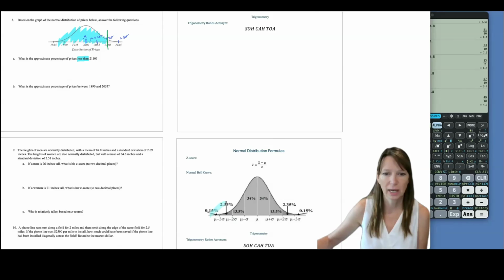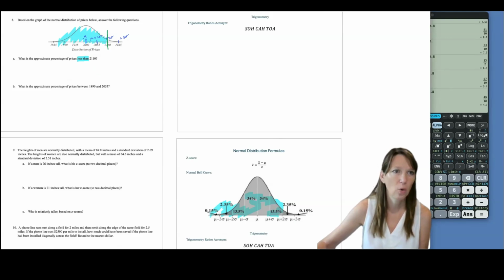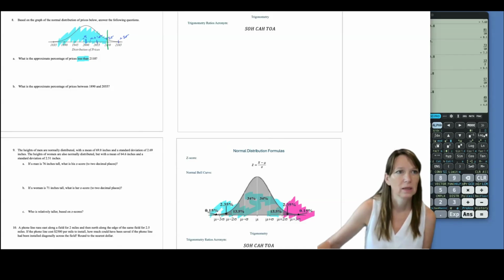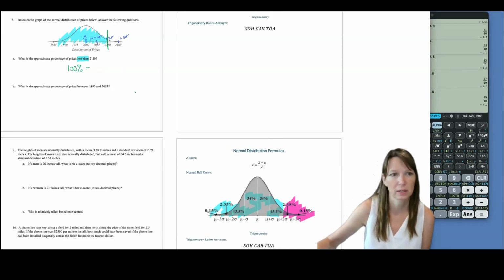I could add up all of those percentages less than 2 standard deviations to the right, or because there's fewer numbers here, my preference is to take the numbers greater than. So I'm going to take 100% and subtract off the numbers greater than, which is 2.35% plus 0.15%.